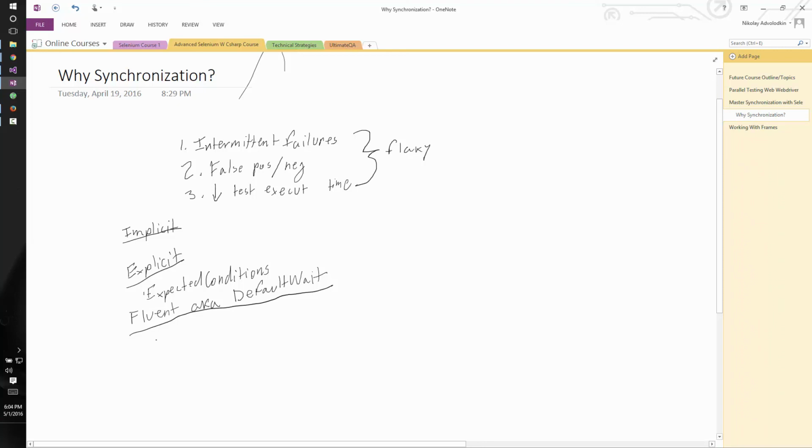But the problem with it is that it is a bit hefty to utilize, and it's not very practical. There is no need to really use it because the WebDriverWait class kind of wraps the DefaultWait class and gives us all the functionality that we need in a single line of code, as opposed to about 5 or 6 lines of code that the DefaultWait requires for us to set up and make it work.